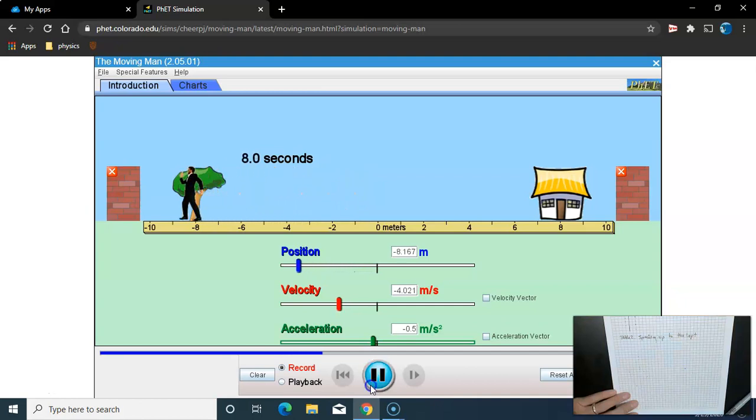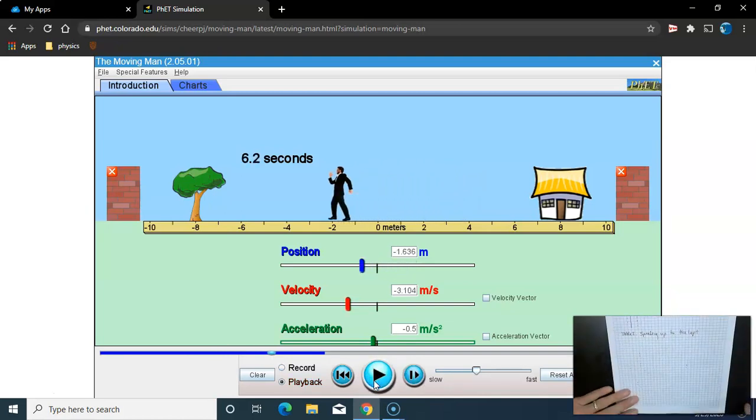You pause it at the tree. Now you can click the playback button and pause, play and pause, and collect the time and position data. The guy is initially at the house, positive 8 meters.